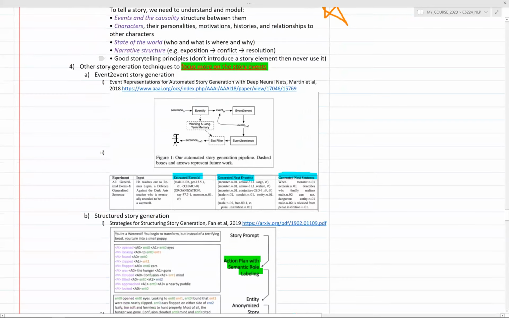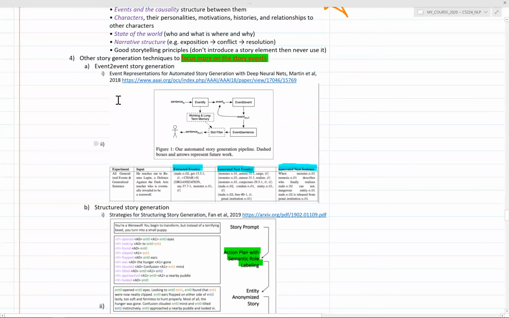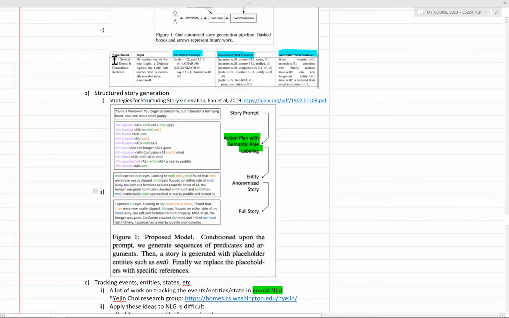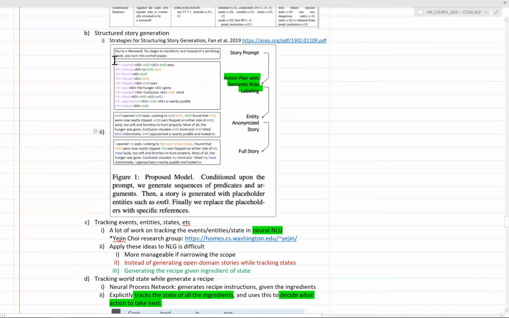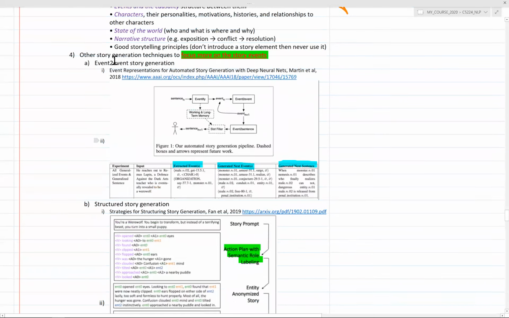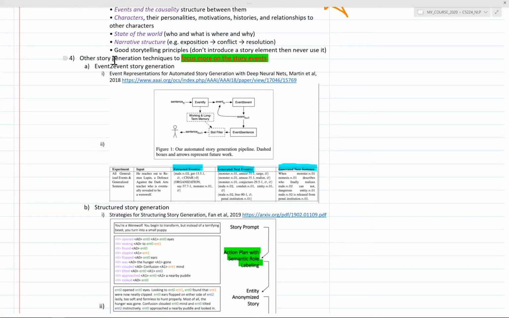So there are several techniques for bringing the stories, the events into the storytelling. The first one is called the event-to-event story generation technique, which was introduced by Martin's team.